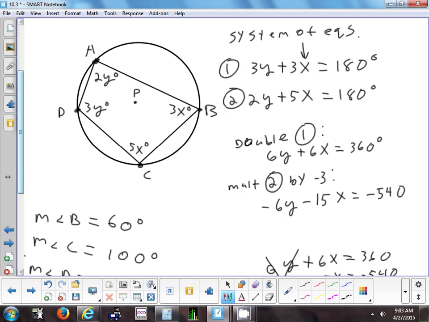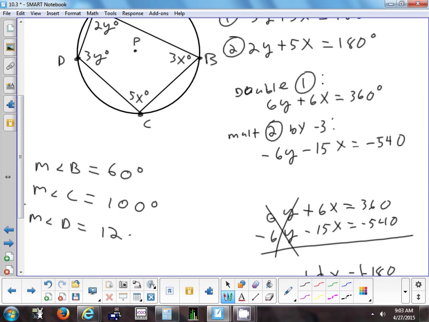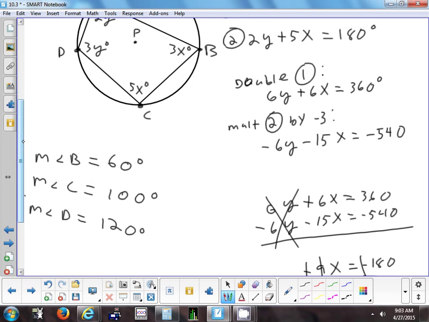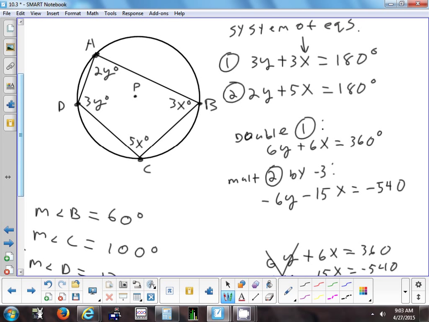Now, if we know angle B is 60, remember the relationship between D and B, they have to add up to 180. So B is 60. How much is D? Connor? 120. Yep, D has to be 120. Which, if you really wanted to know, means y is 40. 40 times 3 is 120. Now angle C was 100. Angle A has to be 80.